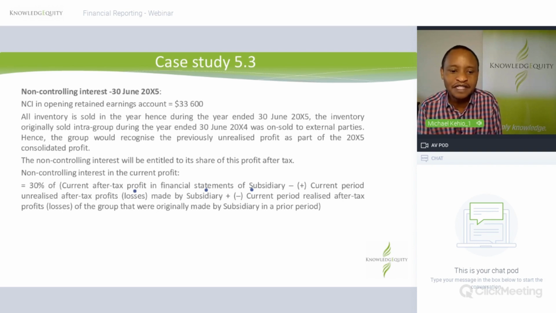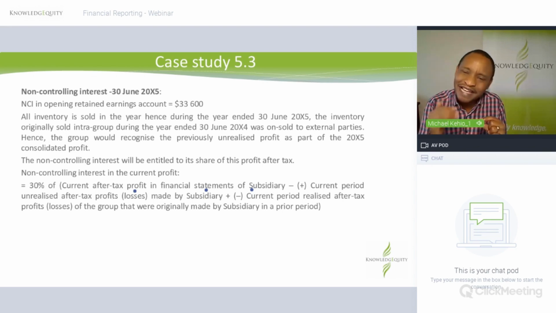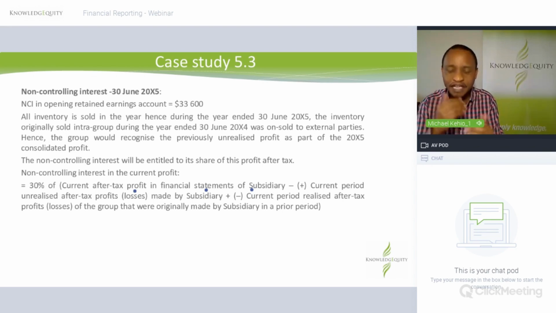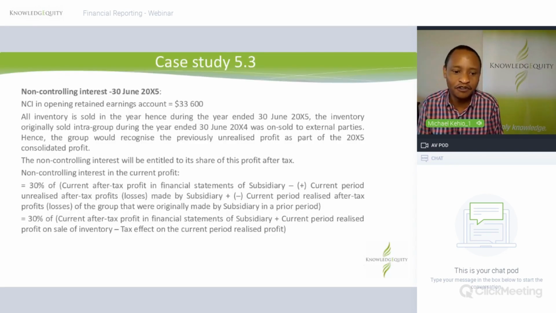What is the current profit in this year, 30th June 20X5? Then we ask ourselves, was there any unrealized profit? If there was, we deduct that. Obviously, we don't forget the tax effect of that profit. And then we need to add any unrealized profit in the previous year that is now realized. And that will give us the non-controlling interest in the current profit.